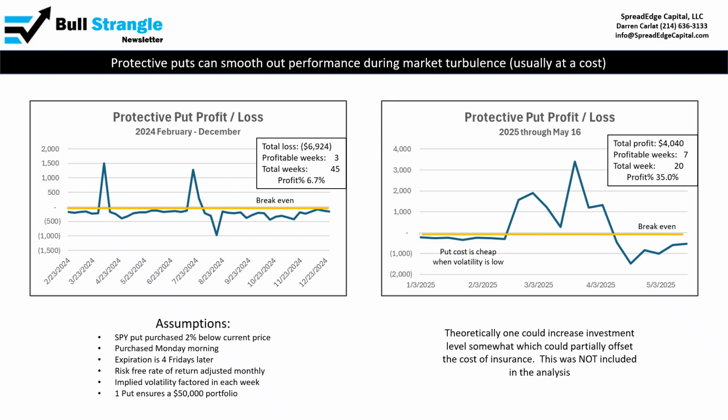Just think about the fact that we had like 6 or 7 months of pretty strong market, so the premiums on the puts got to be very, very cheap. But after the turbulence in April and May occurred, we started to see a pretty big spike. So that's one downside of this strategy: when you need it the most is when it costs the most. That's just something to be aware of.